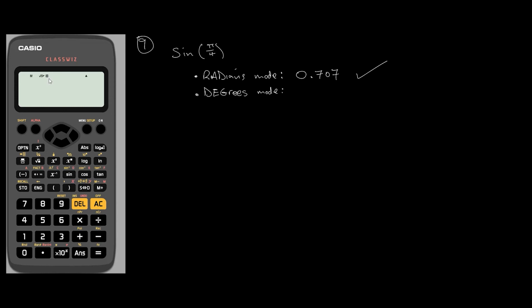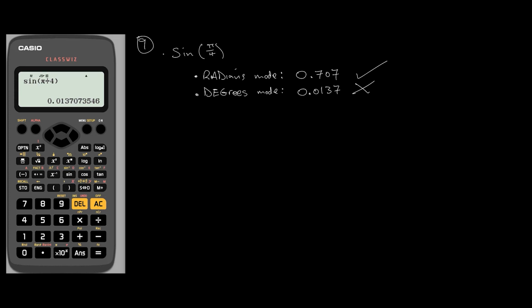Okay, now let's try the sine of pi by 4. Okay, sine of pi divided by 4. Close the brackets, equals, gives me a different answer, look, 0.0137 and a bit, which is not what we want. So it's absolutely critical that if you see pi, you have your calculator in radians mode. And if you don't see pi, put it in degrees mode.